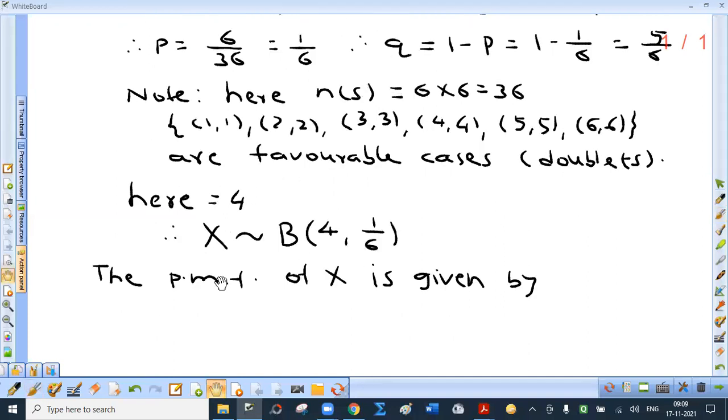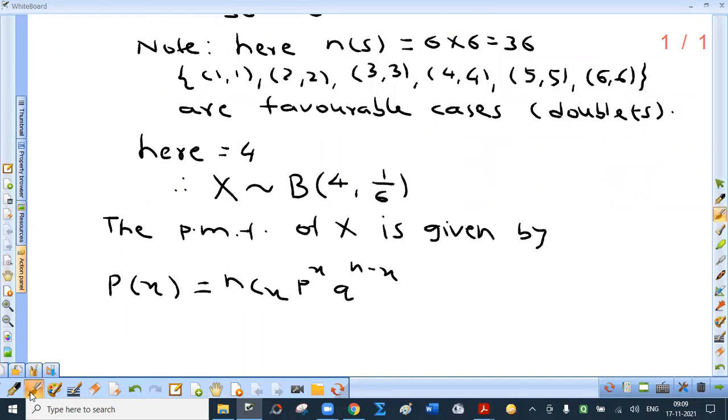P of x equal to, you can write the formula first, nCx p raised to x q raised to n minus x, and then particular values, n equal to 4. So 4Cx, what is p? 1 upon 6. So 1 upon 6 raised to x into q, 5 upon 6 raised to 4 minus x.